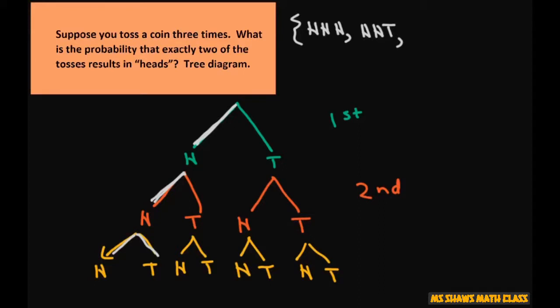And then we're going to do heads, tails, heads. See what I'm doing? So you're just kind of doing that, heads, tails, heads. And then you get heads, tails, tails.